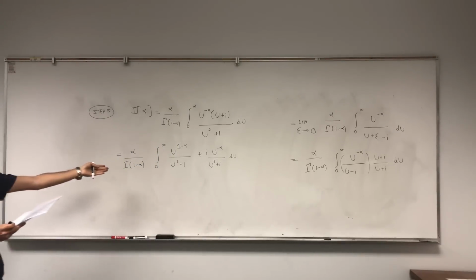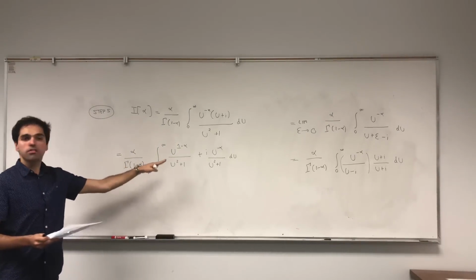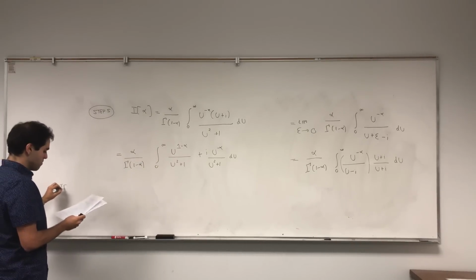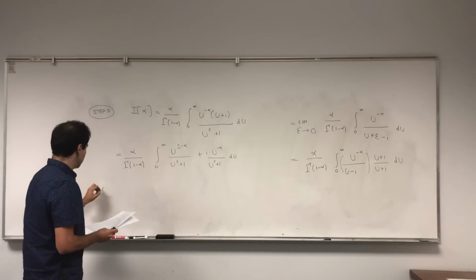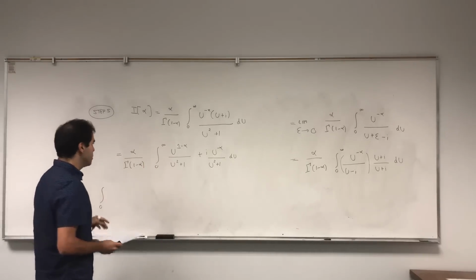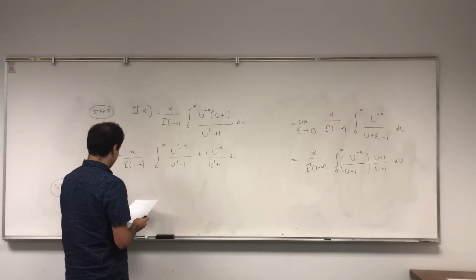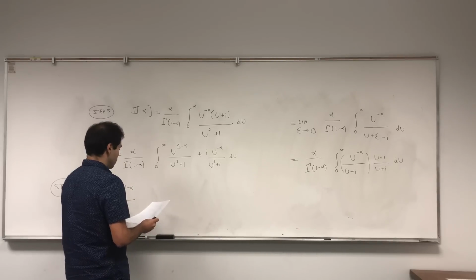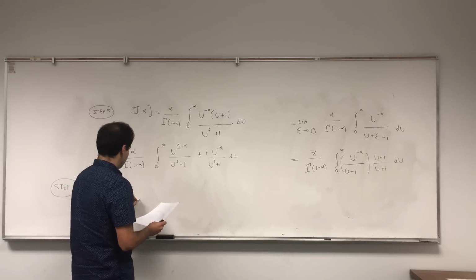Again, those are still complicated integrals, but we can simplify. So here's the next step. As I said, we would like to write this in terms of a known function. So let's study the first term, u to the 1 minus alpha over u squared plus 1, du.